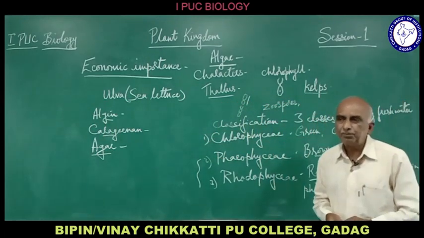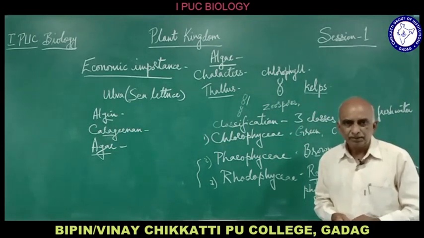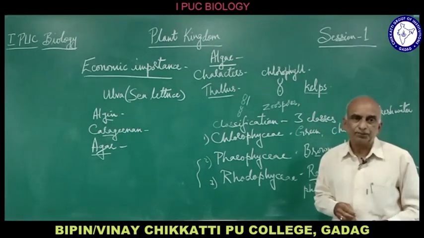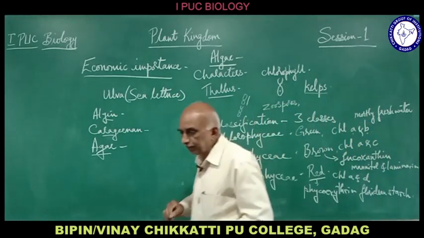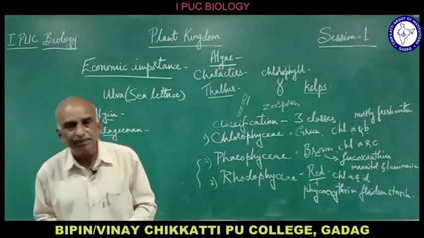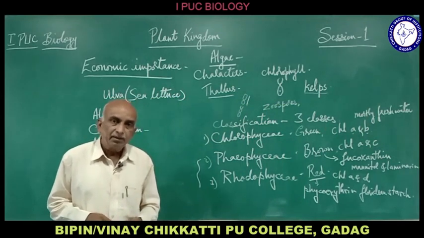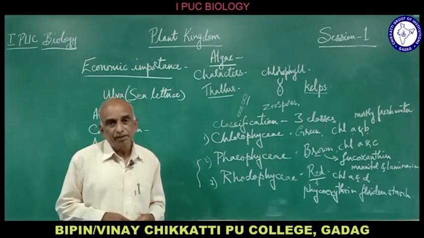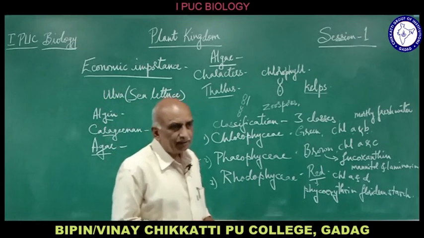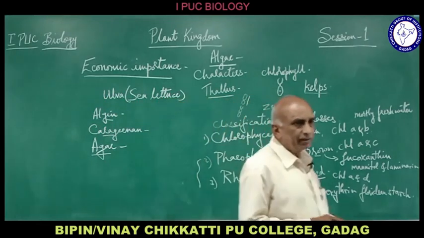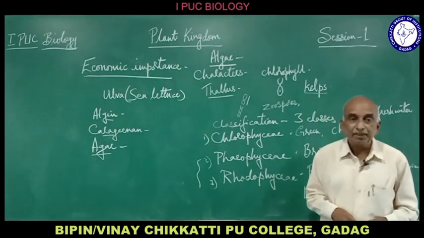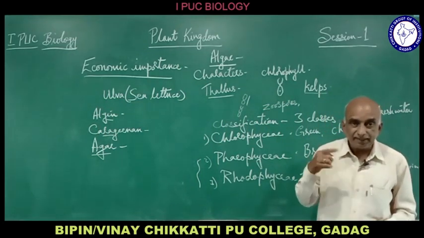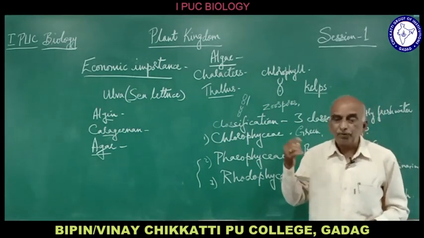Economic importance means the beneficial effects of algae. When we say beneficial effects, one question will arise: are there some harmful effects of algae? But we are not studying that. To just mention here, there is one algae which is parasitic and pathogenic. It causes a disease in coffee plants.